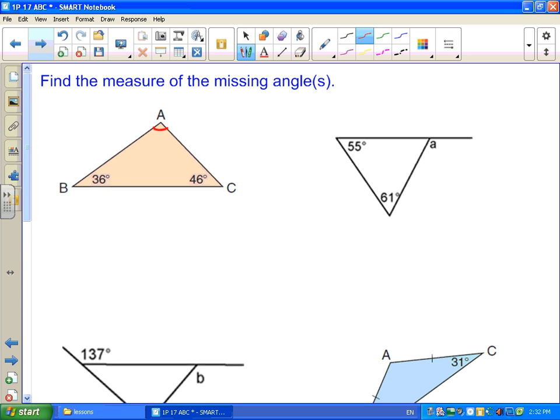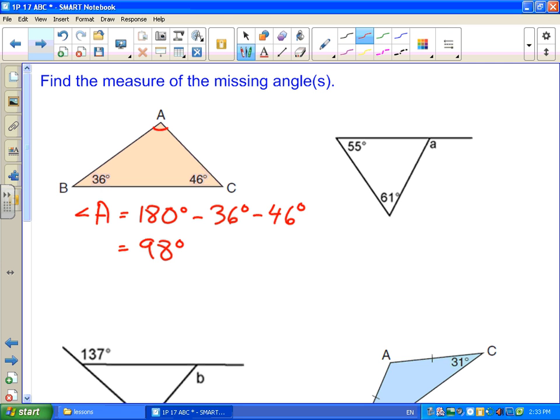They have to add up to 180. So how can I find angle A? Yeah, I can take 180 and subtract that 36, and that 46, and that'll give me angle A. So punch that into my calculator, 98 degrees.